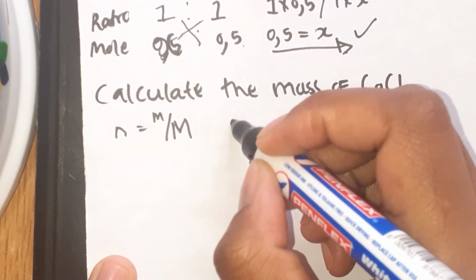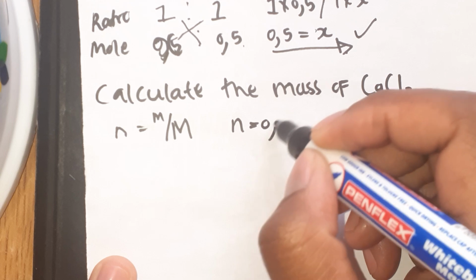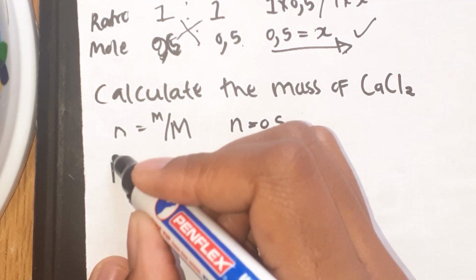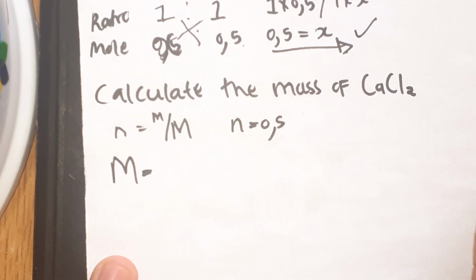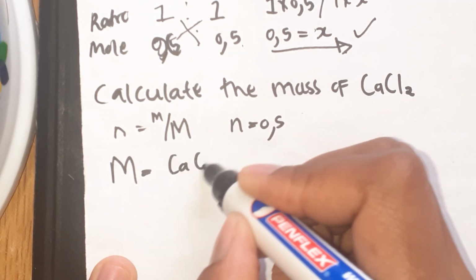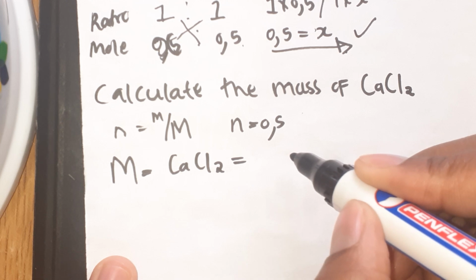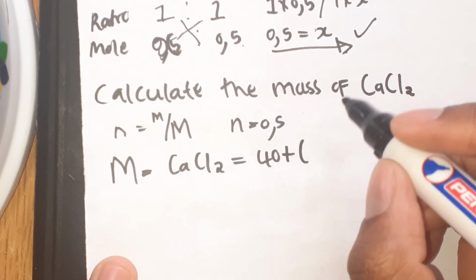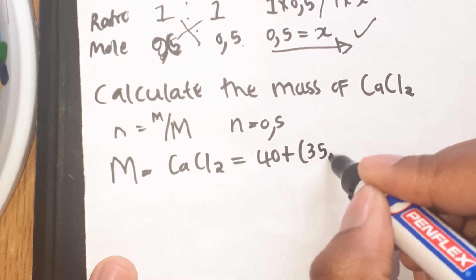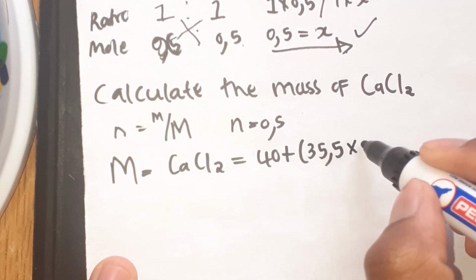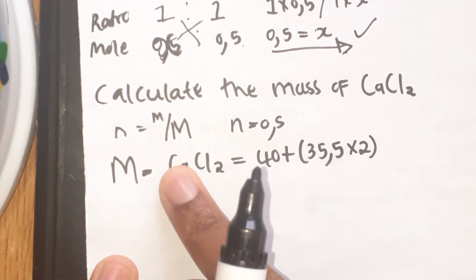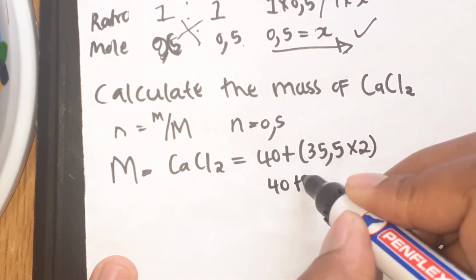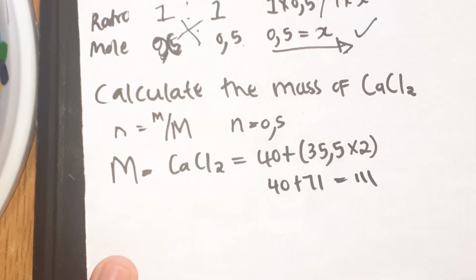So n equals 0.5 as we had calculated. And then the big M, which is the molar mass, we go to the periodic table. It's CaCl2, which is equal to Ca is 40 on the periodic table, plus 35.5 for the Cl times 2. So that is 40 plus 71, that will give us 111.